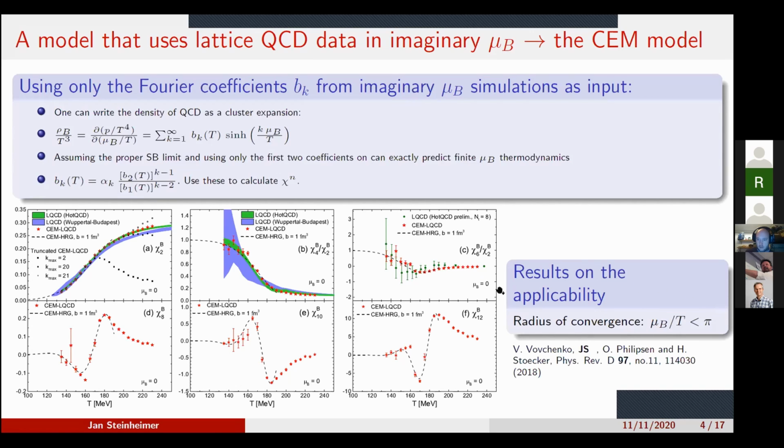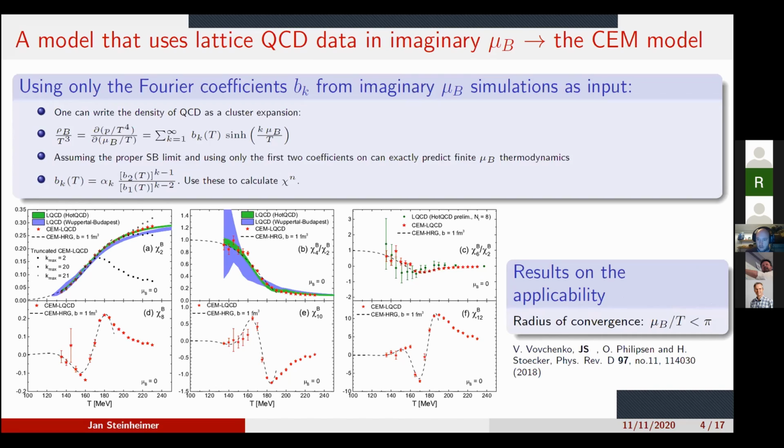And in this particular case, the radius of convergence is always something like pi. And that's because we know that in the imaginary plane of chemical potential, there is a divergence along the imaginary part, which is mu_B over T equals pi. That basically sets the boundary of how far you can go in your expansion. And this is kind of a hard boundary.